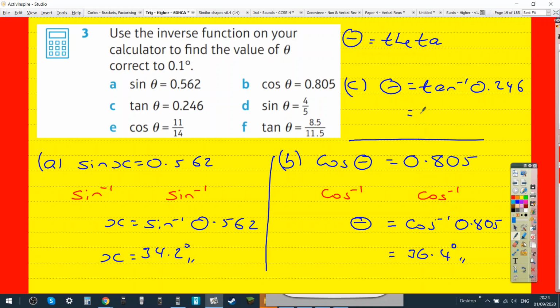After that, you should get 13.8. 13.8 degrees.